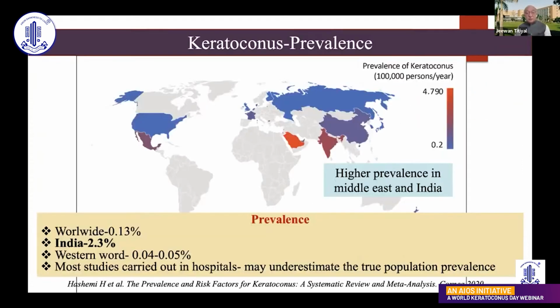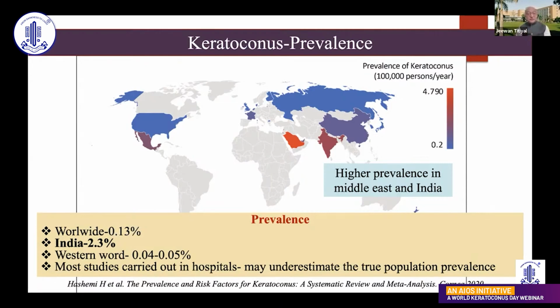This is one of the most recent studies, a meta-analysis published recently in the Cornea journal, which has nicely depicted, looking into all the studies published in the literature, the prevalence of the disease across the world. It is around 0.13% if you look at the entirety of keratoconus patients in the world.